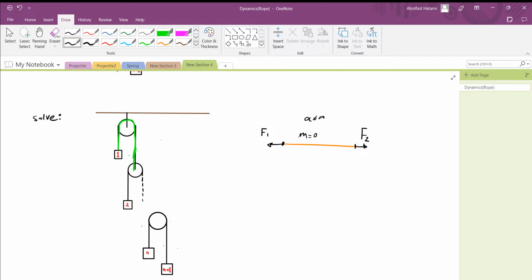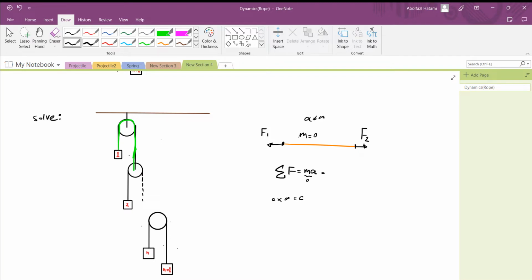According to Newton's law, sigma of F is equal to m times a. Because m is 0 and a is not infinite, it's going to be 0. Zero times infinity could maybe be a constant, but here a is not infinite.